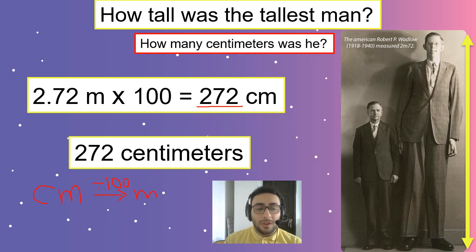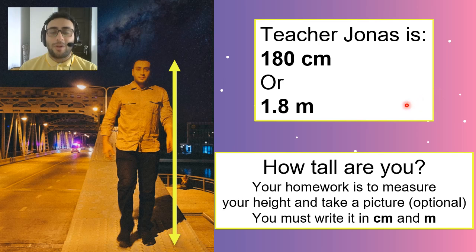When you want to turn meters into centimeters, we times 100. Right? Okay now, everyone. This is Teacher Jonas. This is me. I am 180 centimeters or 1 meter and 80 centimeters tall.